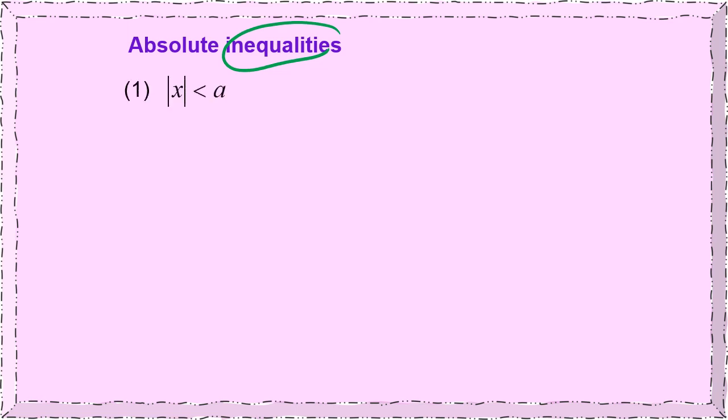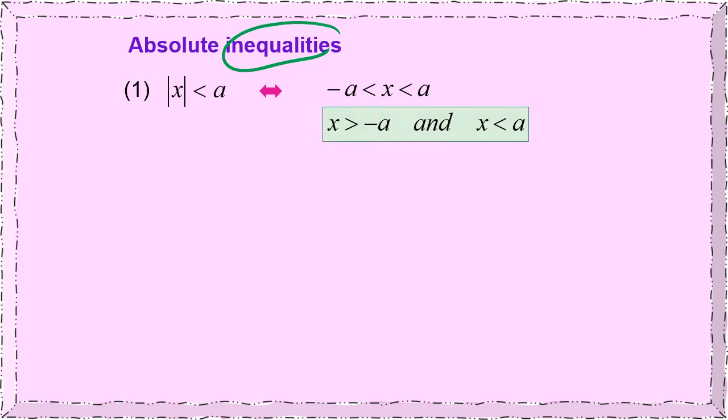So for absolute of x less than a, x should be in between negative a and a. It also can be written as x more than negative a and x less than a. Both should happen together, which means this is talking about the intersection.